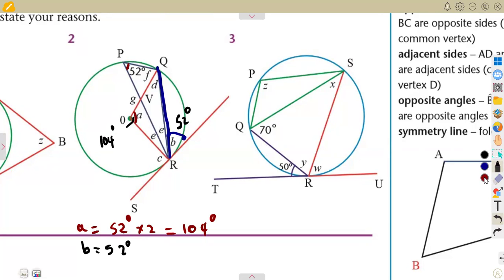This one from O to Q is a radius. O to R is also a radius. OQ is a radius. OR is a radius. So meaning to say OR is equal to OQ.